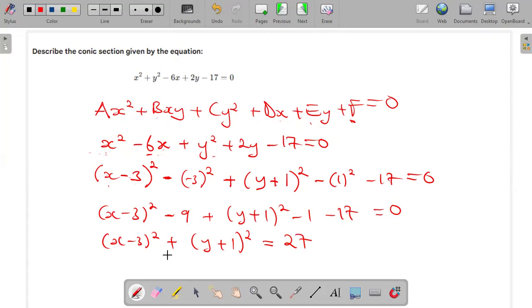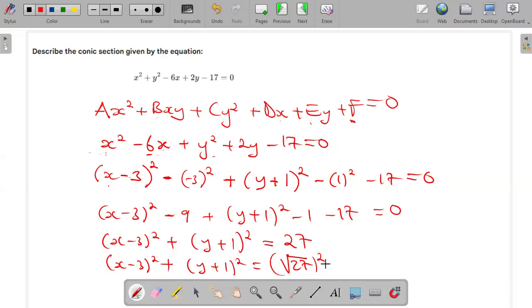And then from here, what you do is you write x minus 3 squared plus y plus 1 squared, and here I'll write this as a root. That is going to be root of 27 squared. So that's what I get.